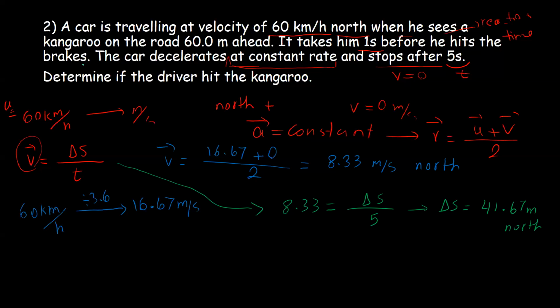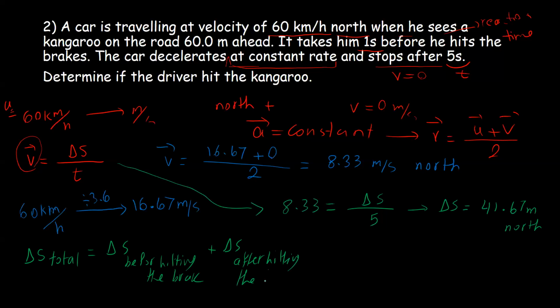Before hitting the brake, the driver travels 1 second at a velocity of 16.67 meters per second. So delta S total is equal to delta S before hitting the brake plus delta S after hitting the brake.